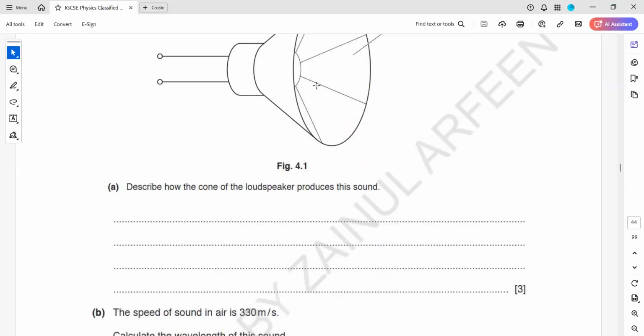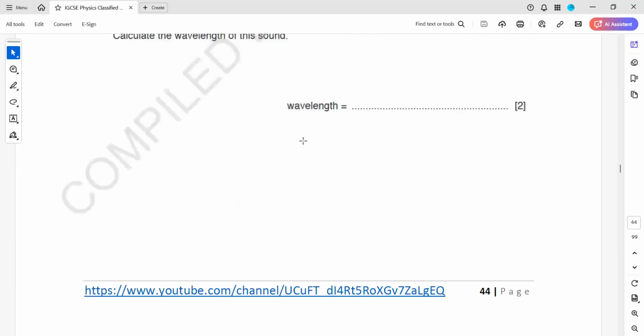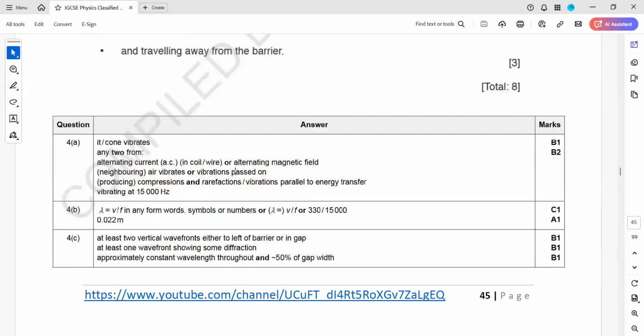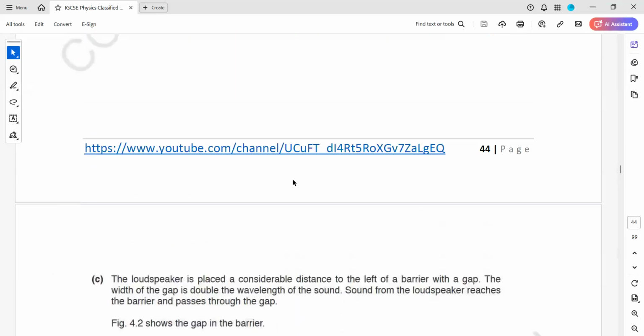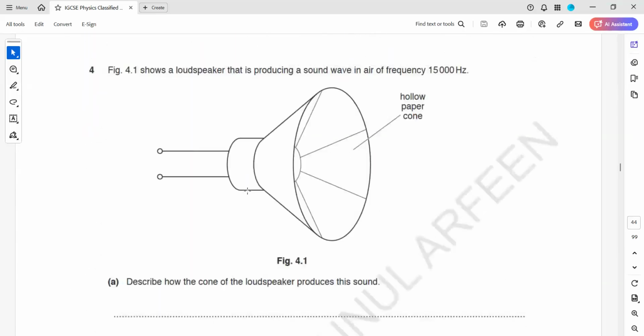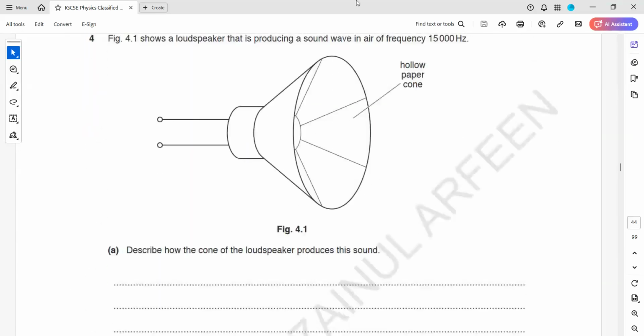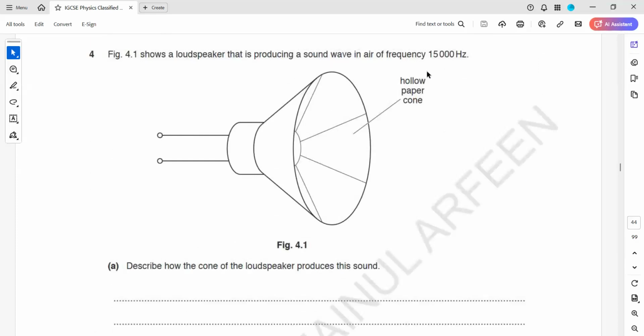The marks are always a reference. So 3 marks are there, and the points, as I mentioned: the alternating current causes the air to vibrate, producing compression and rarefaction. And the vibration of the air will also be 15,000 hertz. Why? Because it was already mentioned that the sound wave in air has a frequency of 15,000. So how to write this answer?